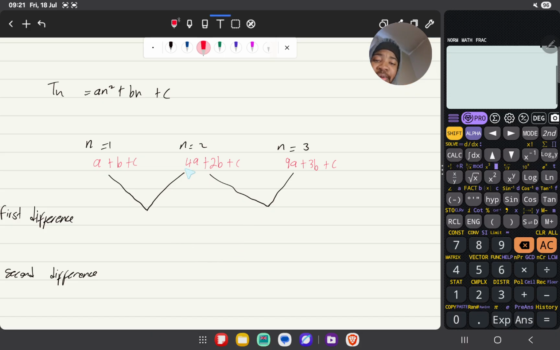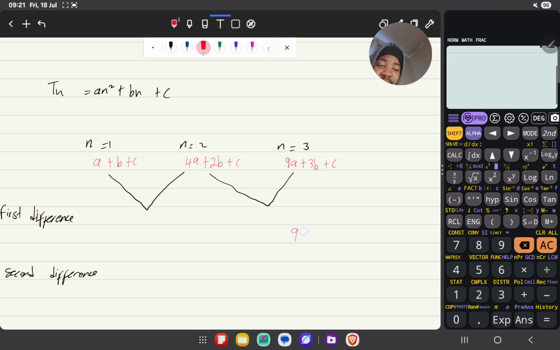And now we're going to find the difference between the consecutive terms. So we have 9a plus 3b plus c minus 4a plus 2b plus c. So c minus c is 0. Here we have just b, plus 5a. So we have 5a plus b.